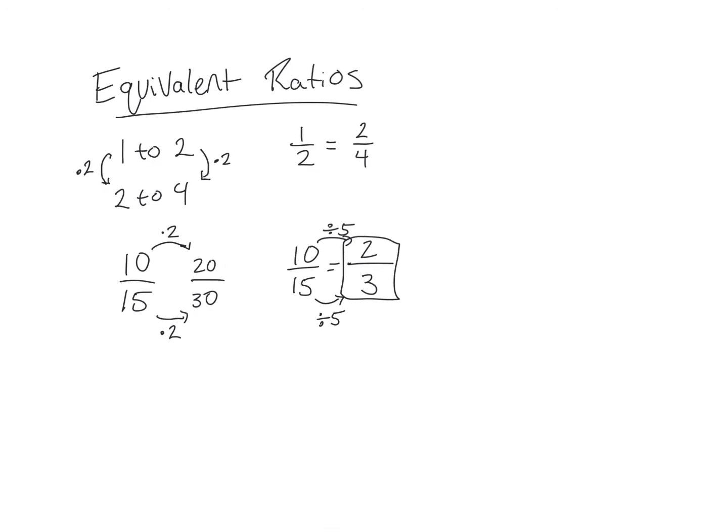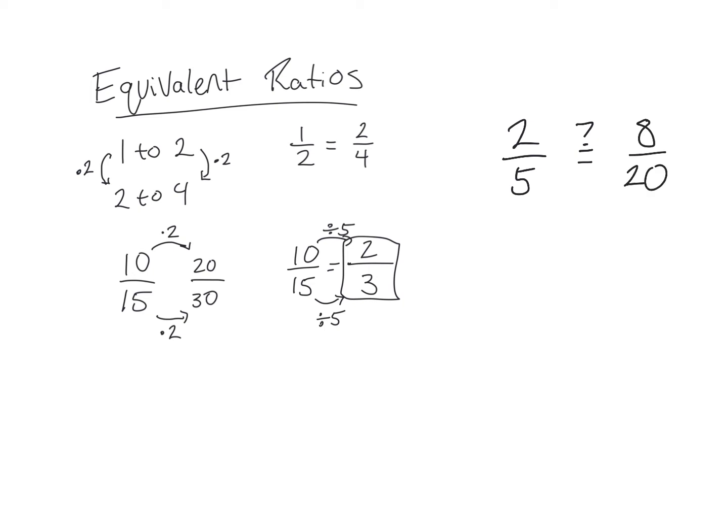I'd say the only other thing that we might need to be able to do is determine if two ratios are equivalent. Okay, so if I ask you, is the ratio 2 to 5 equivalent to 8 to 20?